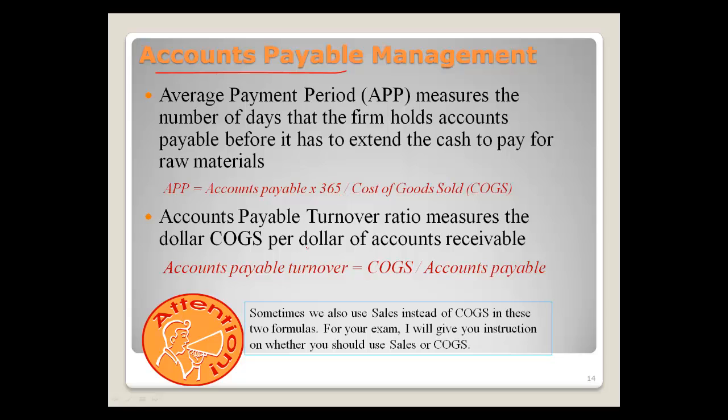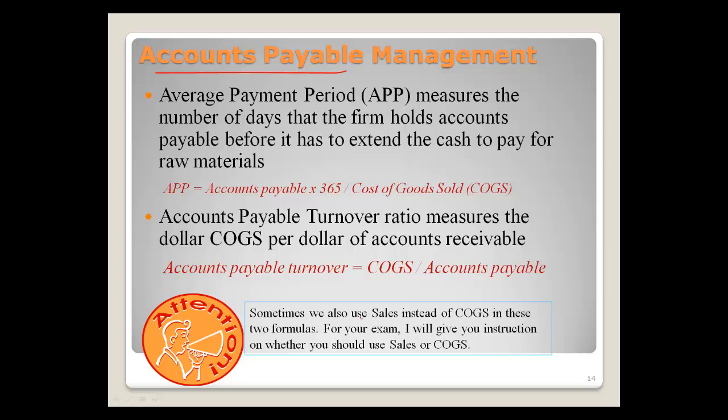If we also look at the turnover ratio for account payable, it would be cost of goods sold divided by the balance of account payable. Again, if you multiply the average payment period with account payable turnover, the result should also be 365.